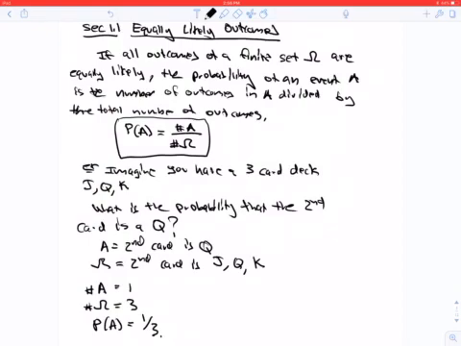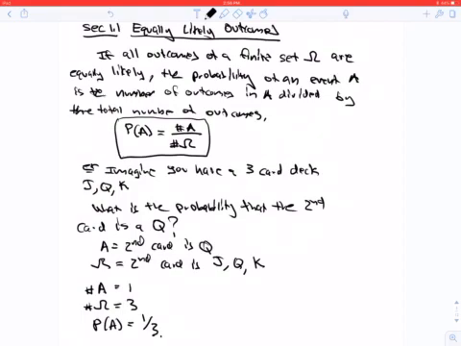So for example, if you have a 3-card deck, Jack, Queen, and King, what's the probability that the second card is a Queen? Well, here I'm not conditioning at all on what the first or the third card is. This is an unconditional probability question, and A here is the event that the second card is a Queen.